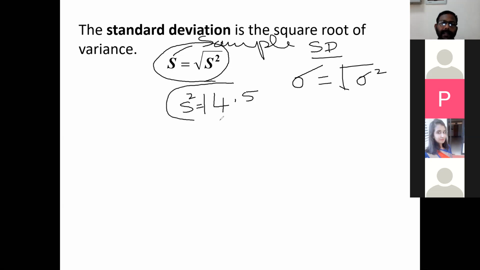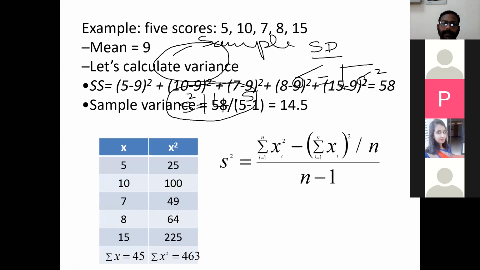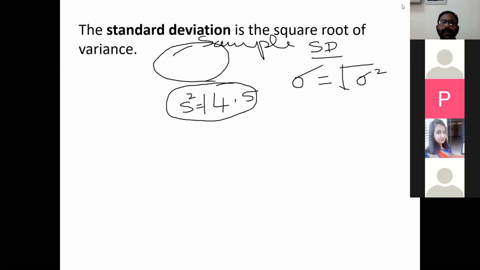Can we elaborate on this? Let's say we have the unit centimeter. So let's say this X is in centimeters. How can I put the unit here, because this is squared?